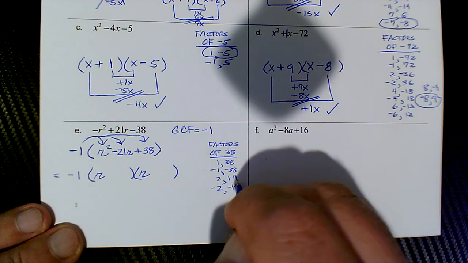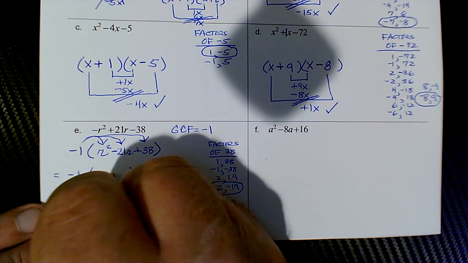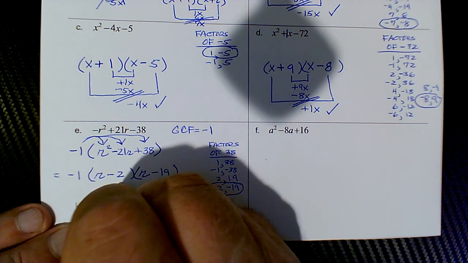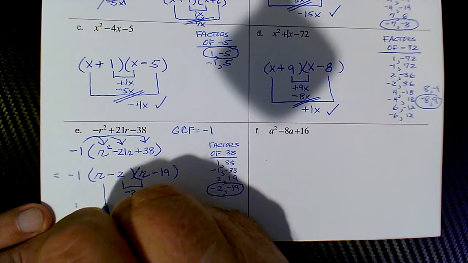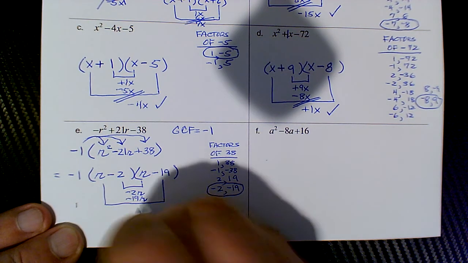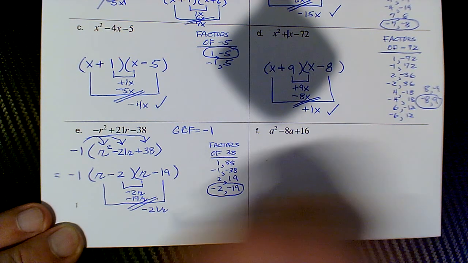And the pair that combines to give a negative 21r is negative 2 and negative 19. And then if you like, you could perform the check. Minus 2r minus 19r for the inners and outers respectively, combining to give us minus 21r.